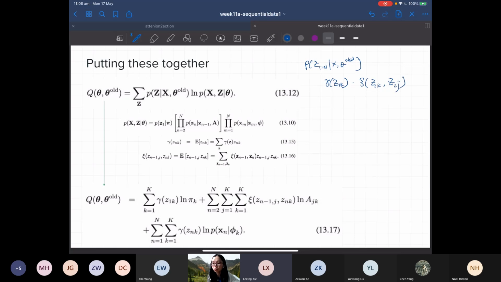So the probability of a particular hidden state sequence is essentially the product of these posterior terms. You can verify that using Bayes' rule.